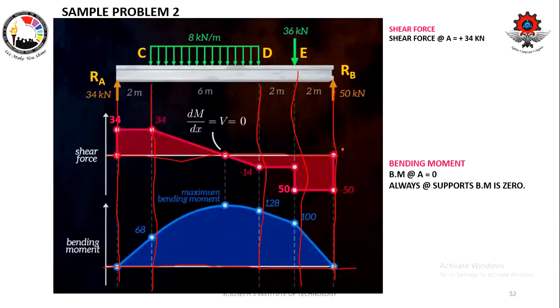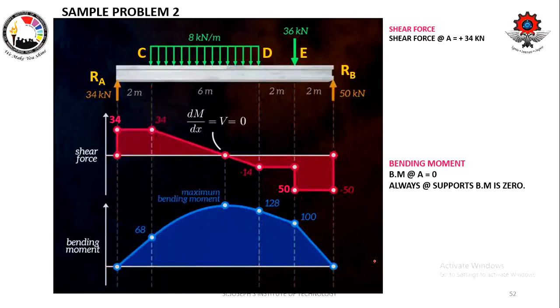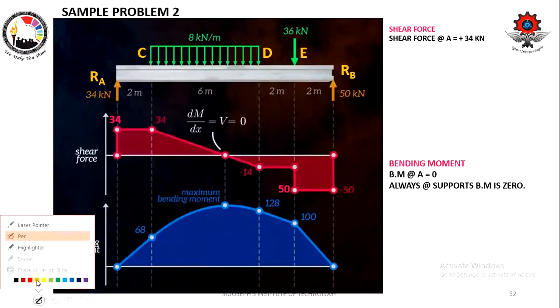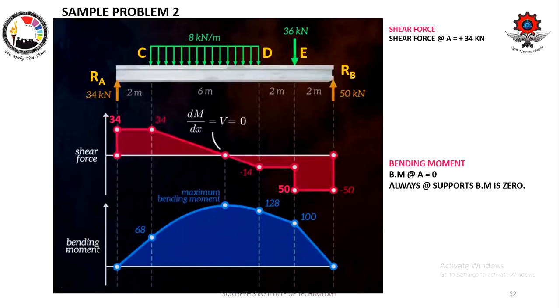So this denotes the axis line 0, right? Axis line, central axis line, right? Okay. Now, as I told you, shear force at A is plus 34 because shear force at point A is upward force, that is denoting 34. Right? Now we are going to draw shear force at A is 34. Right? Okay.